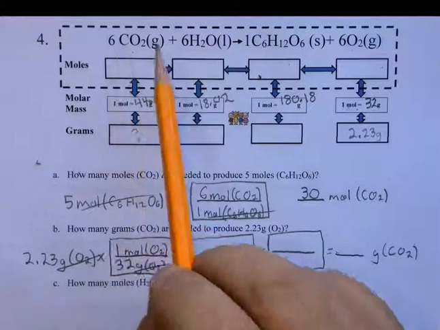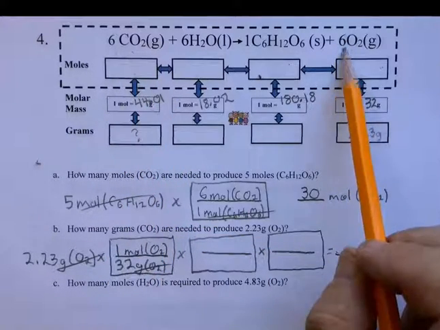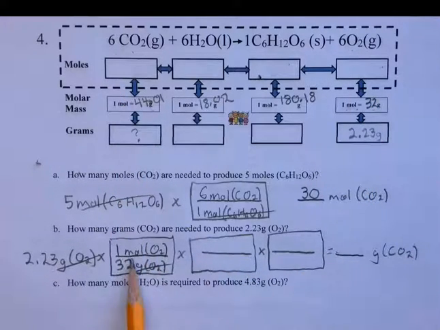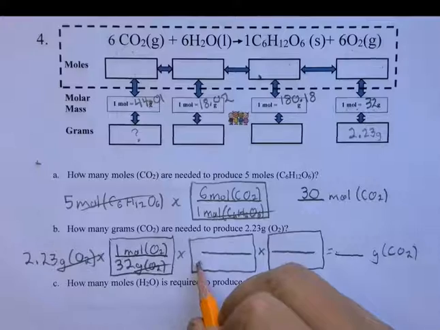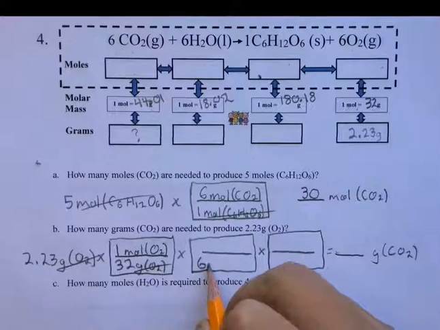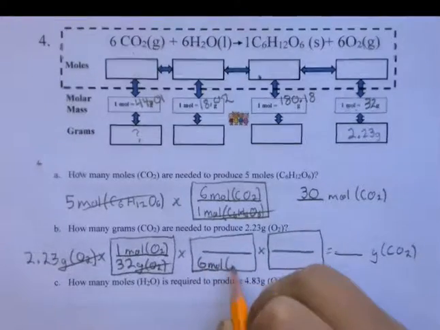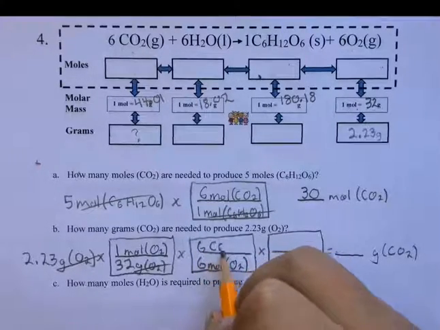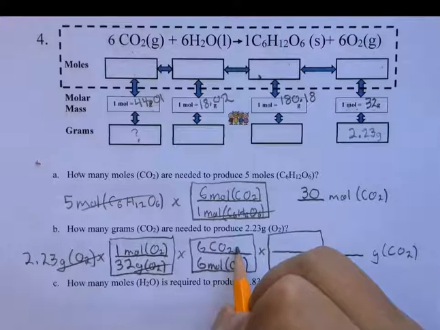Well, there's 6 moles of CO2 for every 6 moles of O2, or 6 moles of O2 over 6 moles of CO2. We want moles of O2 to cancel out, so that's got to go on the bottom. So now you write the 6. And then same thing for carbon dioxide, happens to be 6 as well.